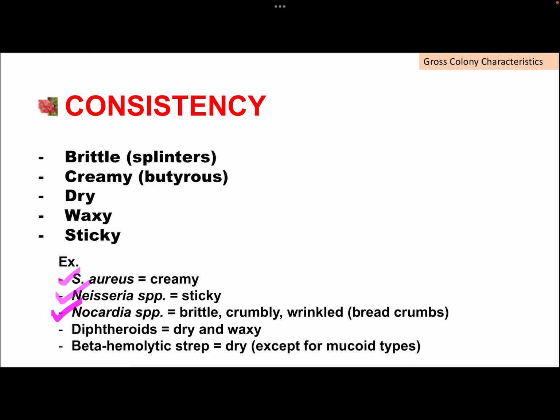Nocardia species, on the other hand, have colonies that are brittle, crumbly, wrinkled like a breadcrumb. Diphtheroids are dry and waxy, so when you push the colonies with a loop, they remain intact. Beta hemolytic streptococci are dry, except for the mucoid type.